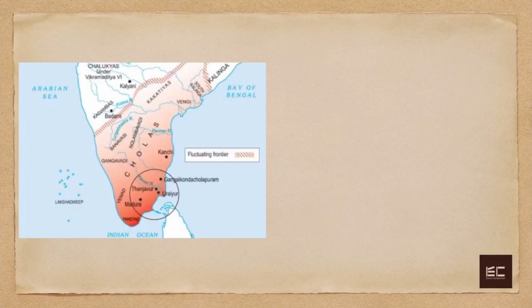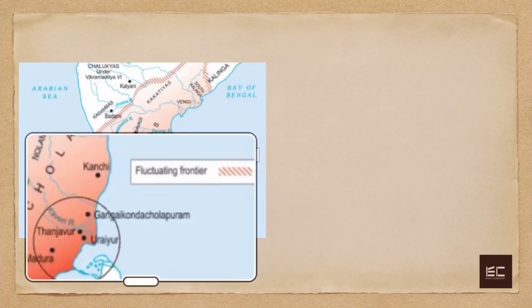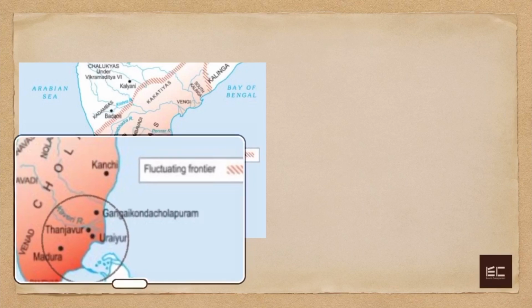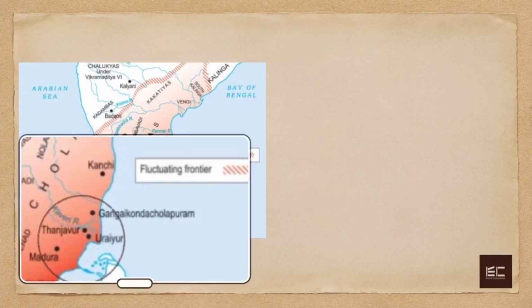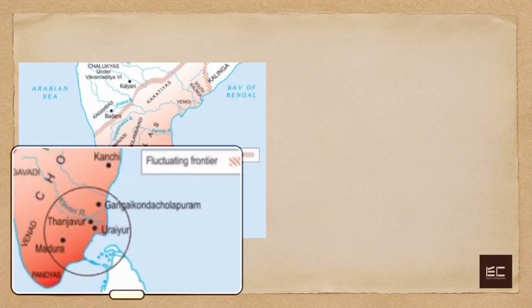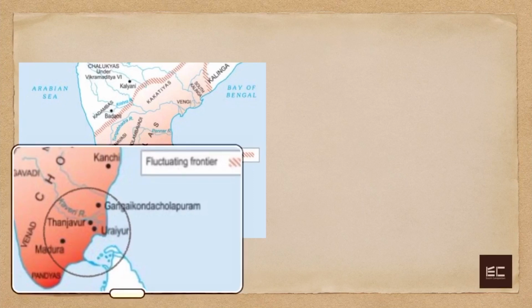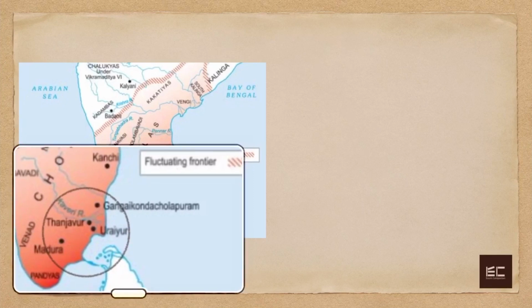So, for now, you just have to remember 5 names from this map and then we will be good to go. So let's see. The first name that you have to remember is Thanjavur. Look inside the circle. The next one is Uraiyur. The third one is Kaveriyar, which means Kaveri River, just above Thanjavur.